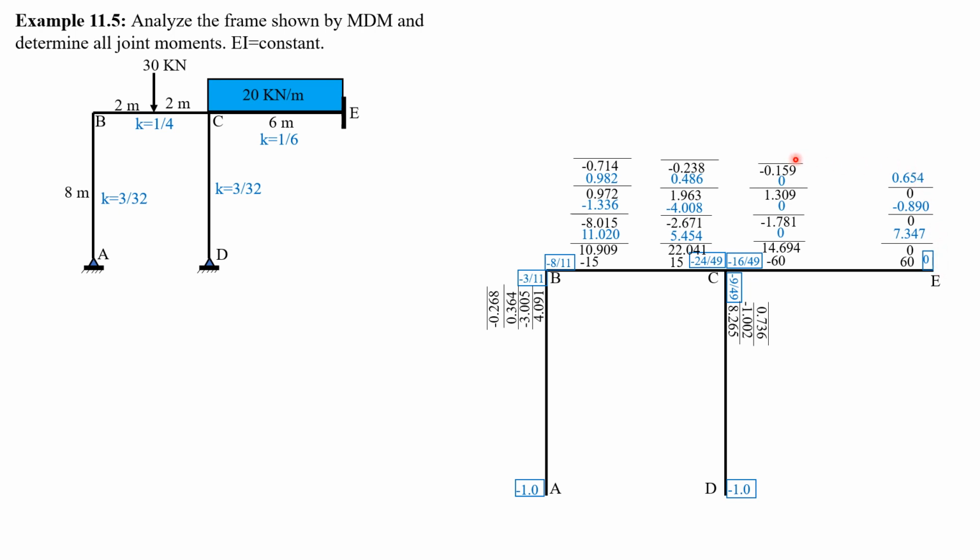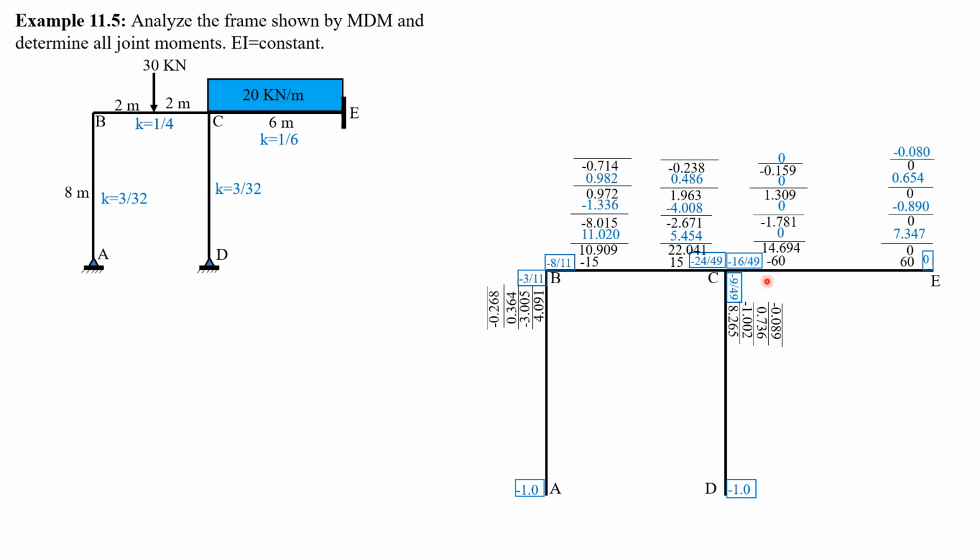Half of 0, half of negative 0.159, negative 0.08, half of negative 0.714, negative 0.357, half of negative 0.238 here, negative 0.119. Negative 0.119 times negative 8 over 11, 0.087, lock partially. Negative 0.119 times negative 3 over 11, 0.032, lock partially. Negative 0.357 times negative 24 over 49, 0.175, lock partially.